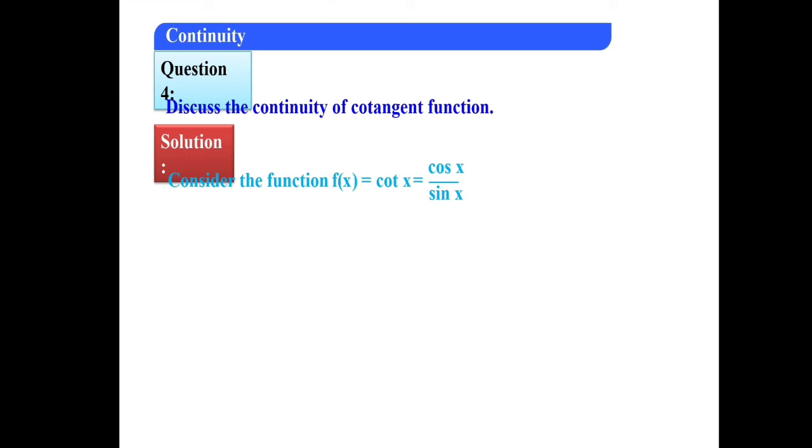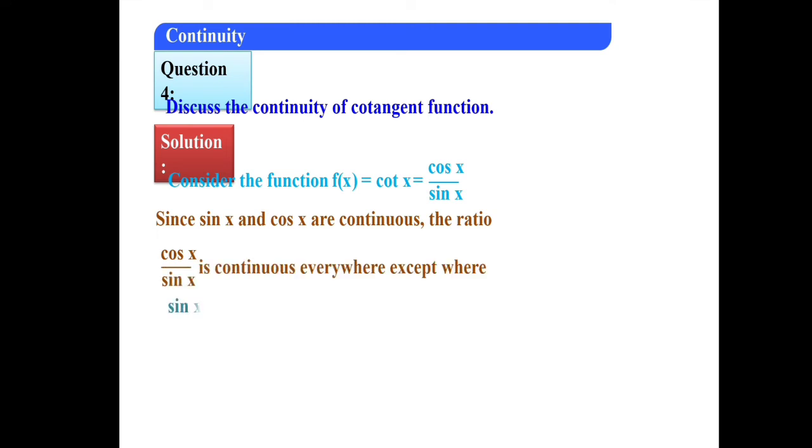So therefore, sin x and cos x are continuous for all the numbers, but whenever we take a ratio we have to check for which angle the denominator becomes 0. The sin x function becomes 0. So what we write here is continuous everywhere except where sin x equal to 0.